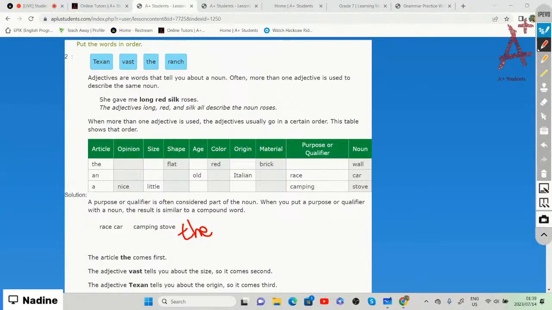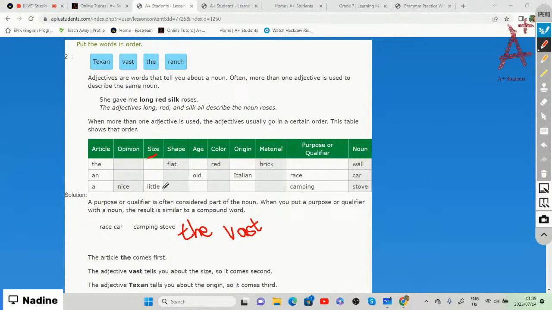Then we have Texan, vast, the ranch. After we put the, we're going to say vast. Vast tells us about the size, so vast comes after the article, which is the.